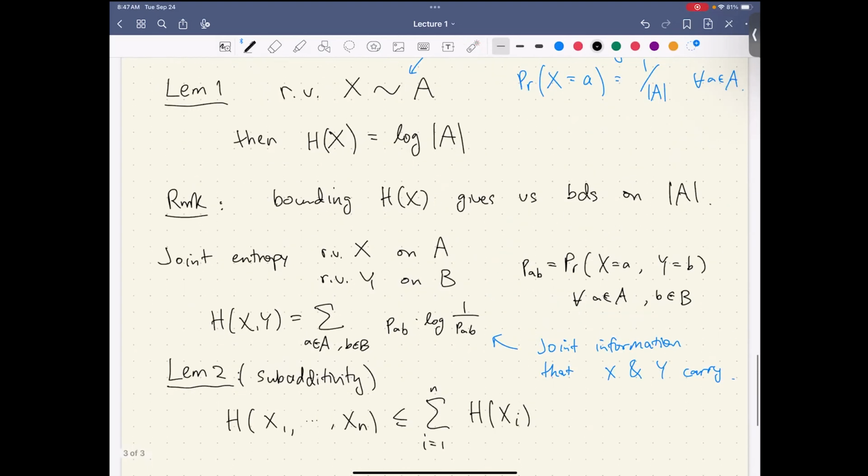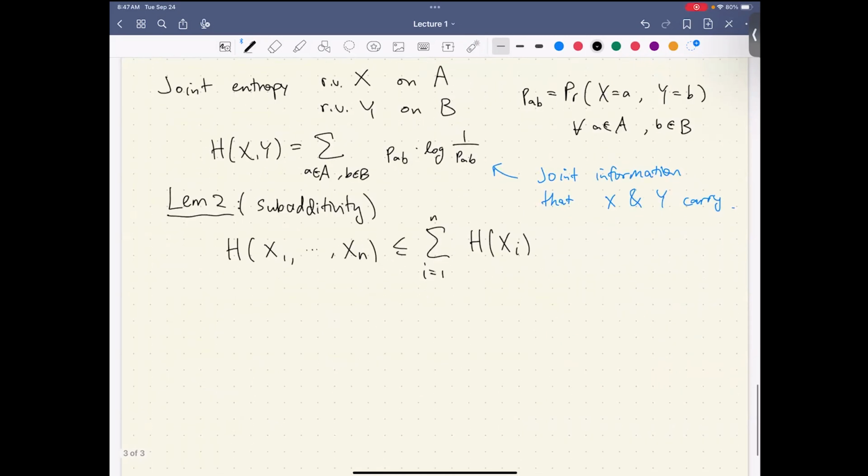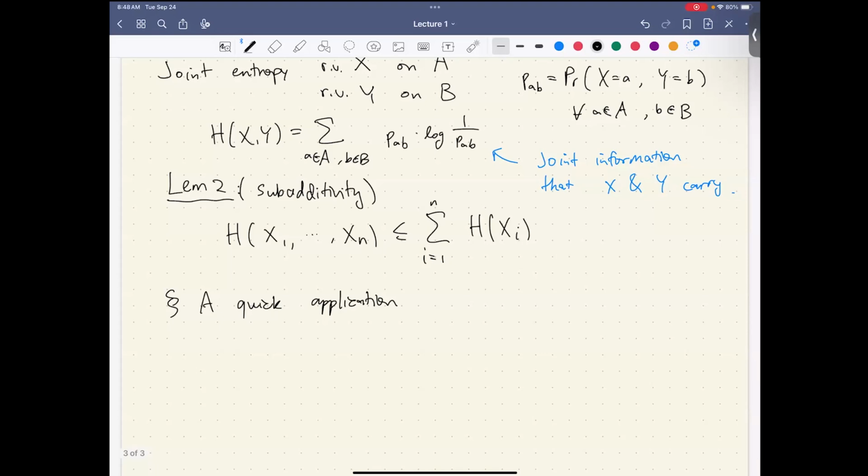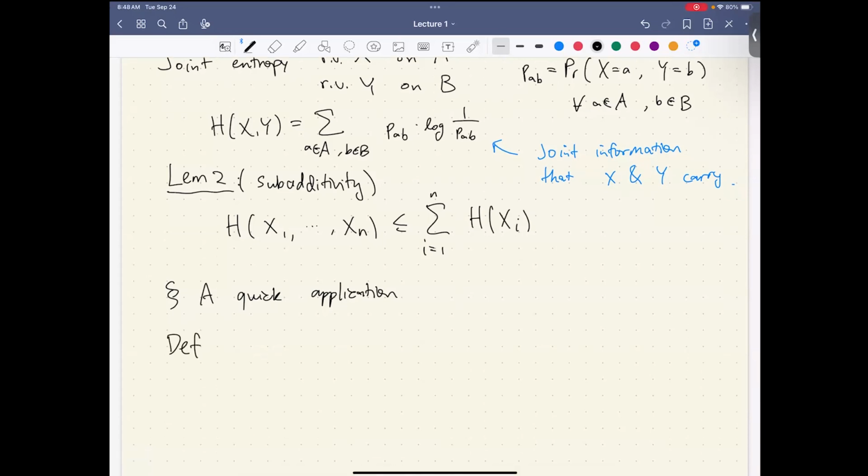So without proving these two lemmas, we can already see a quick application. This is a simple application to estimate the volume of a Hamming ball. All right. So let's see this definition of a function called the binary entropy function.